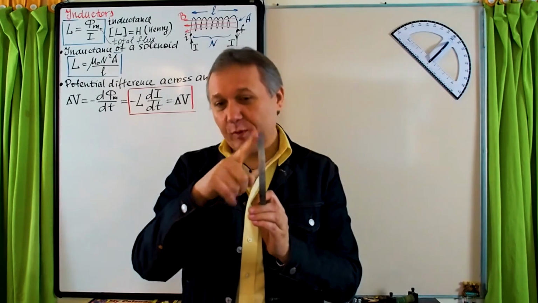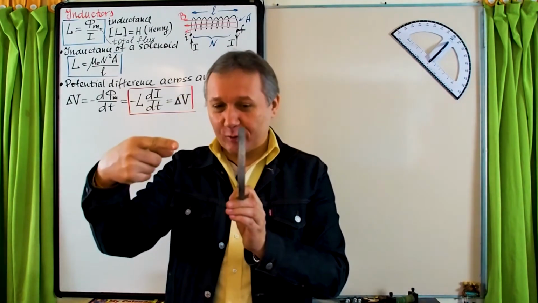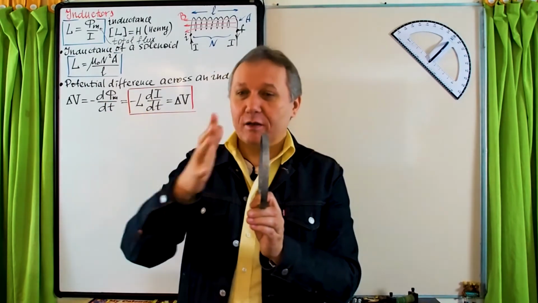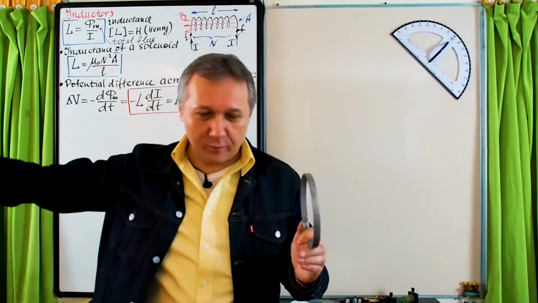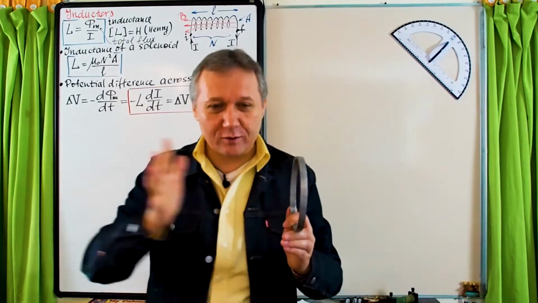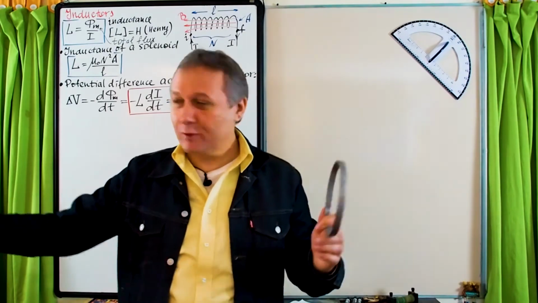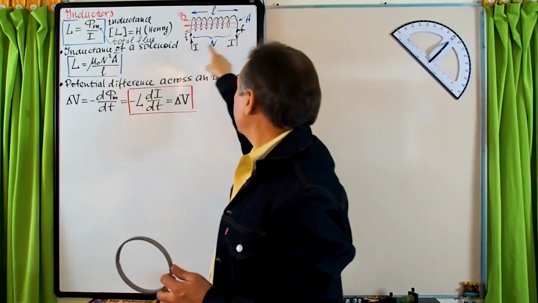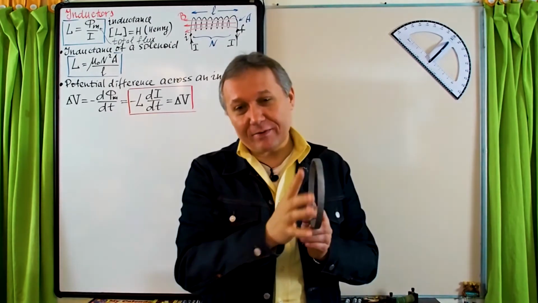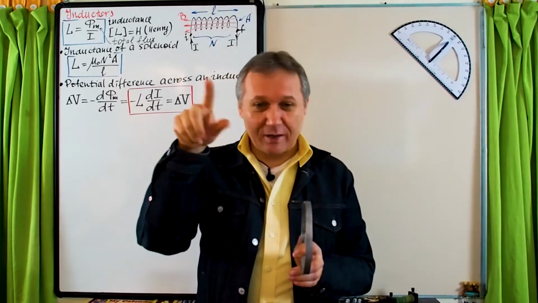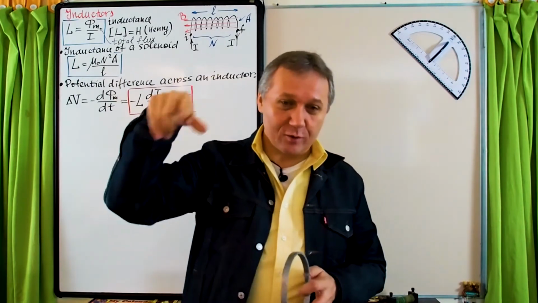For one loop, it will be EMF1. Then for the second loop, then for the third loop, again the same EMF, then the fourth, fifth, all the way to 1,000. So you'll have thousands of EMFs. You just add them up, and it gives you delta V, V final minus V initial. When you add all those EMFs, each of which equals minus d phi over dt, you end up with the rate of change of the total flux.